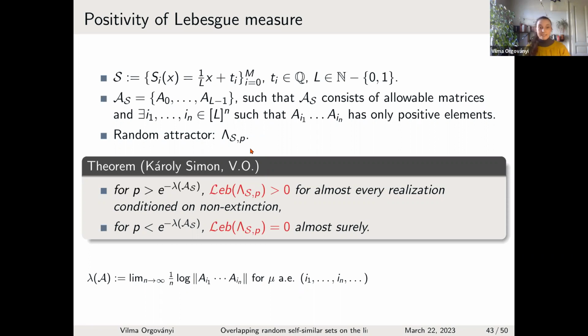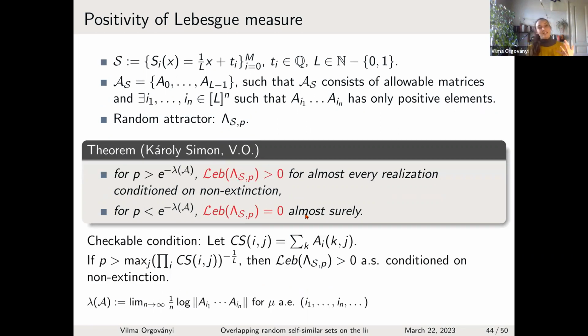And if we do this, then if we choose our probability to be greater than e to the power minus the Lyapunov exponent, then the Lebesgue measure of the set will be positive for almost every realization conditioned on non-extinction. But if we choose p to be smaller than this value, then the Lebesgue measure will be 0 almost surely. And the Lyapunov exponent, as I know, is quite hard to calculate. So we have some checkable conditions.